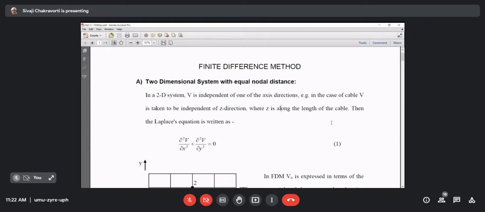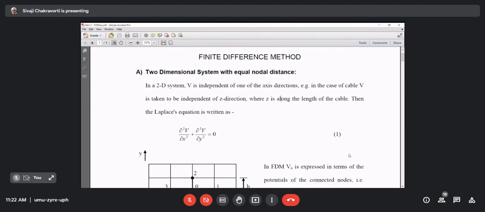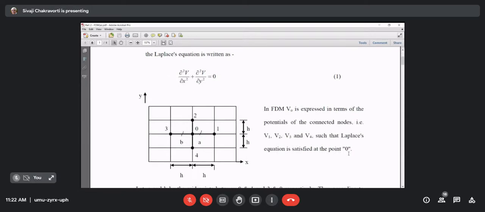Now, this discretization raises a lot of questions: how do I discretize? One very simple example is this one, that if it is a two-dimensional test, I can make it simple squares. So I will create nodes.